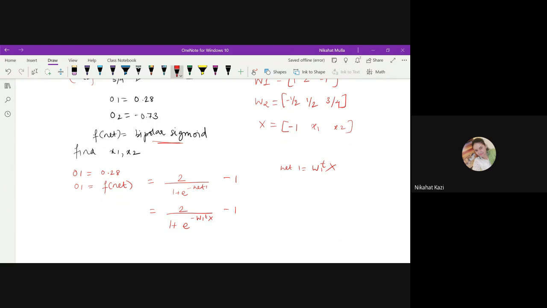So we will write an equation for net1. All these are vectors we have written horizontally, so transpose. It is 1, 2 and -1 multiplied by this input vector. So you will get an equation in x1 and x2.